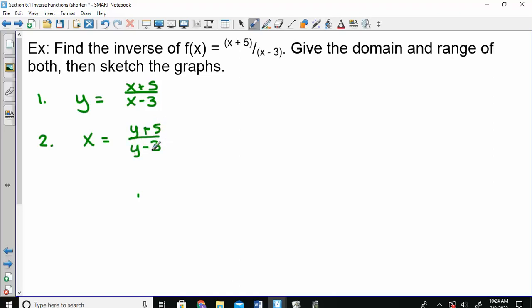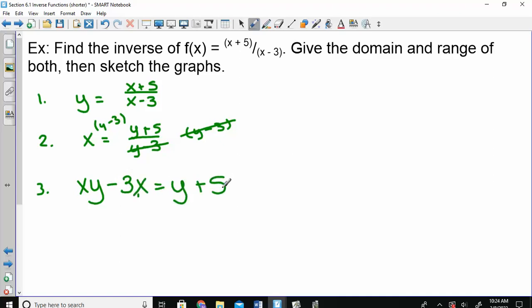And then we want to solve for y, so we're going to multiply by the denominator. So we get xy minus 3x equals y plus 5.